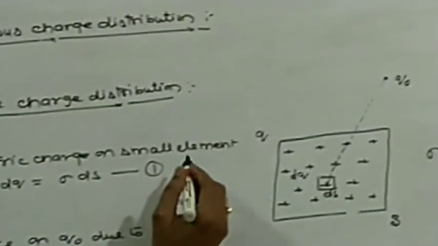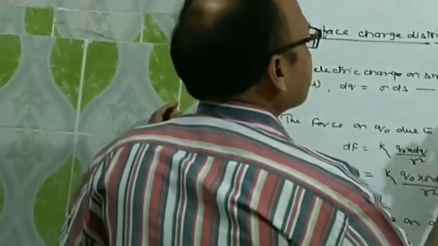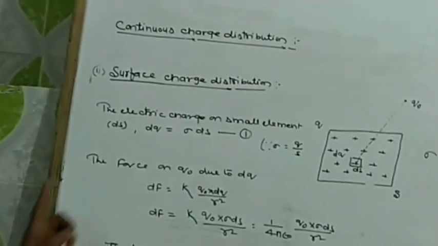So the value of dq will be equal to sigma into ds. By the formula, sigma equals q upon S.